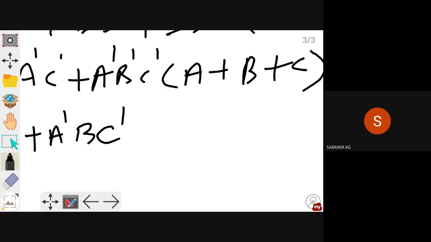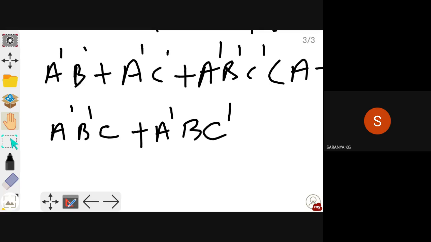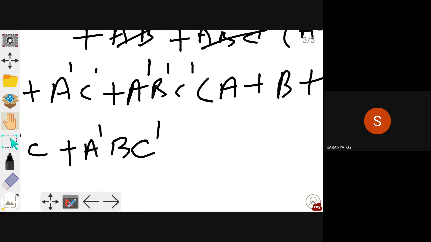Similarly, A into A dash will be 0, B into B dash will be 0, and C into C dash will also be 0. So you get only the terms A dash B dash C plus A dash B C dash, and then you get A.